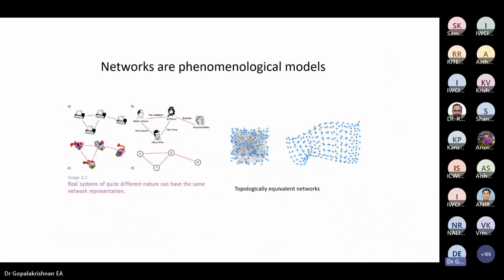And you have to remember that these networks are actually phenomenological models. What we mean by a phenomenological model is that you are the one who decides how to design your network. Suppose you are working on a transportation problem. The places where you want to go you consider as nodes, and if vehicle transport is possible from one place to the other, you consider that the two nodes are connected.